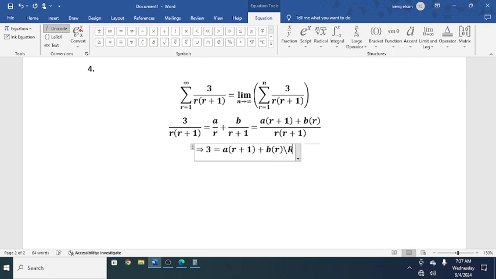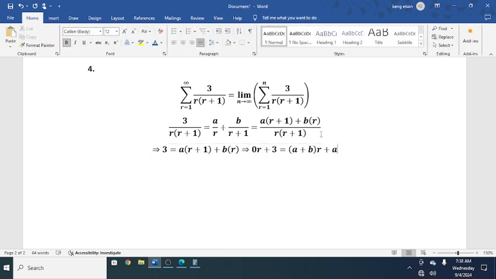No matter what you do, I'm just going to expand. So I'm going to have Ar plus Br plus A. I've already grouped the r terms together, where Ar plus Br can be written as (A plus B) times r. Now this 3 here can be written as 0r plus 3.